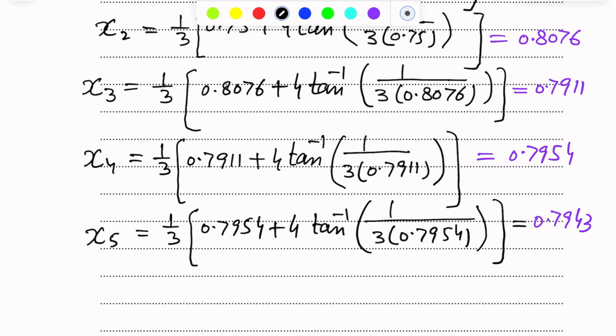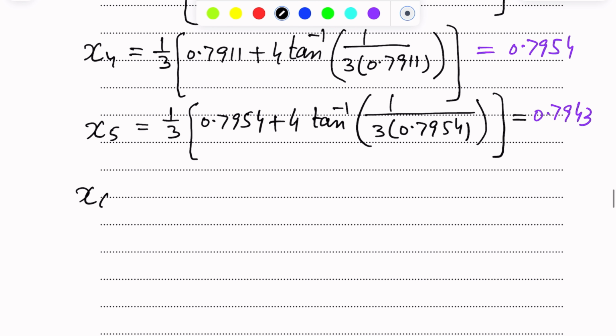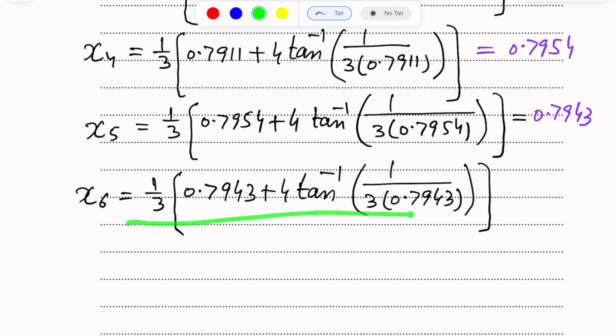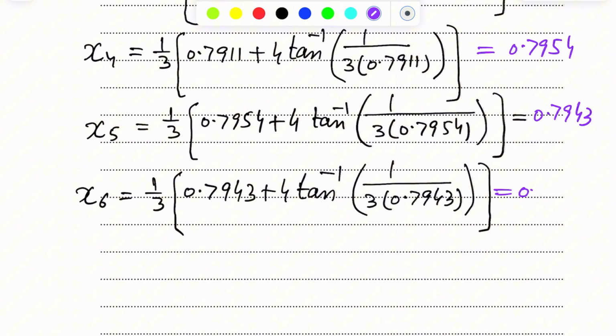So we have to find the next iteration, that is x6, 1 over 3 into 0.7943 plus 4 tan inverse 1 over 3 into 0.7943. After calculating this iteration, we get the answer is 0.7945.